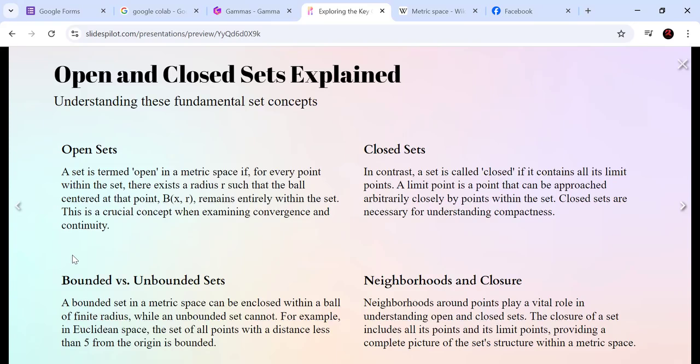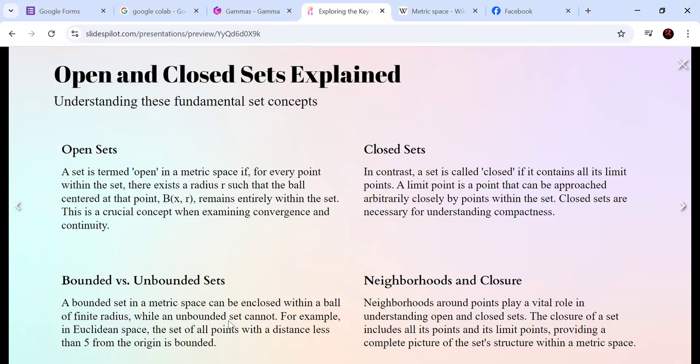तो बाउंडेड वर्सेस अनबाउंडेड सेट. A bounded set in a metric space can be enclosed within a ball of finite radius. उस बाल के अंदर जो भी पॉइंट आ जाएंगे, वो कन्वर्जेंट भी होंगे, बाउंडेड भी होंगे.